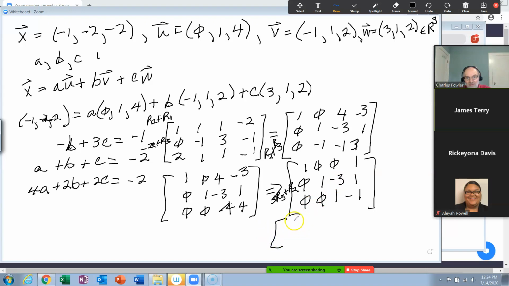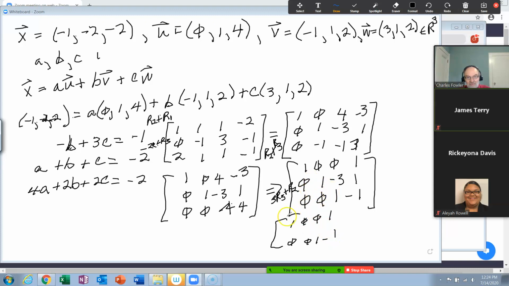We already know A is equal to 1 because 1, 0, 0, 1. Row 3 is 0, 0, 1, minus 1. C is equal to minus 1.